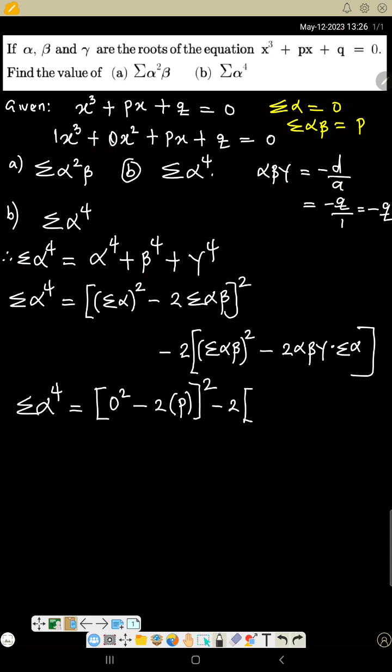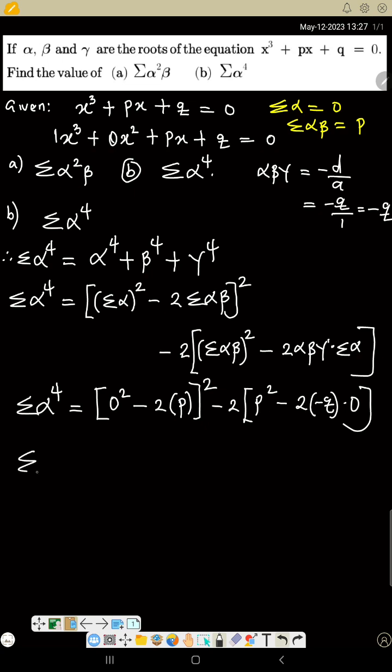So summation alpha beta, so that is p square, minus 2 times minus q times 0, because 2 alpha beta gamma is minus q, so times 0, because summation alpha is 0.